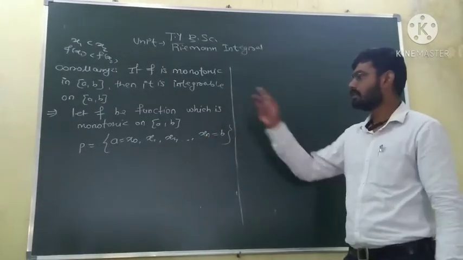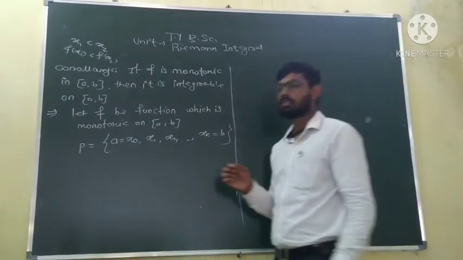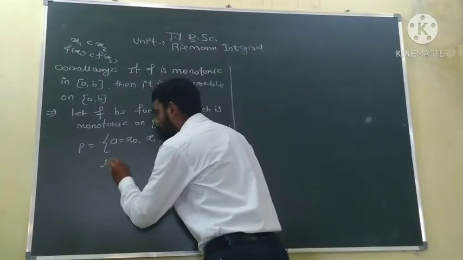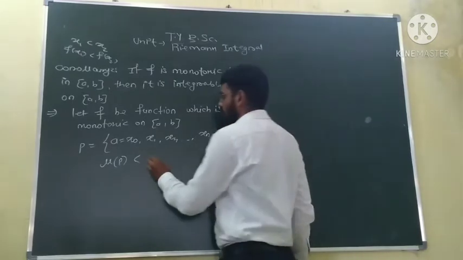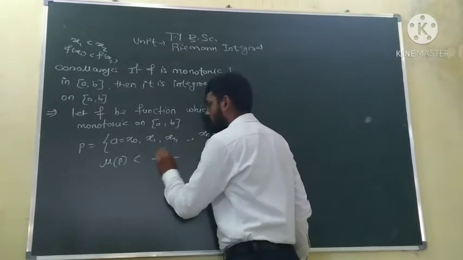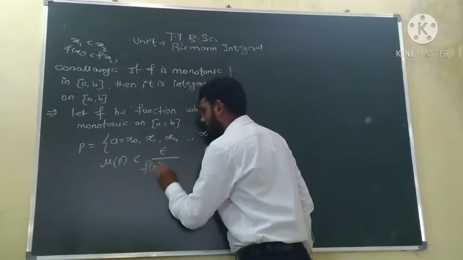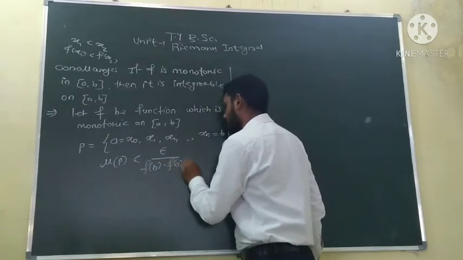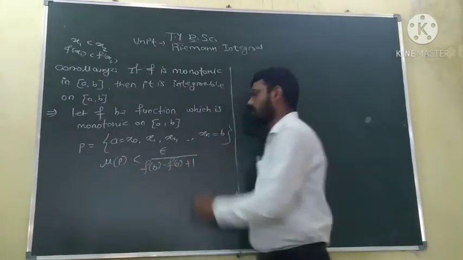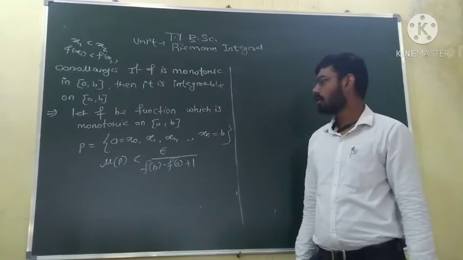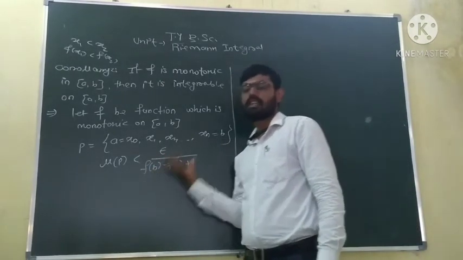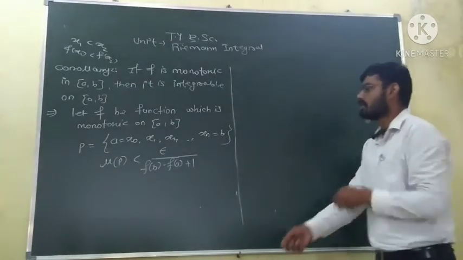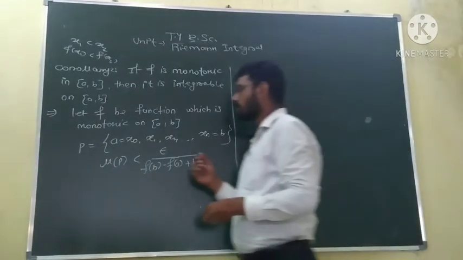So this is the partition, and we choose a partition such that the norm of the partition is less than epsilon upon f of b minus f of a plus 1. So we have chosen a partition such that the norm of the partition is less than this element. Let the function be monotonic increasing.